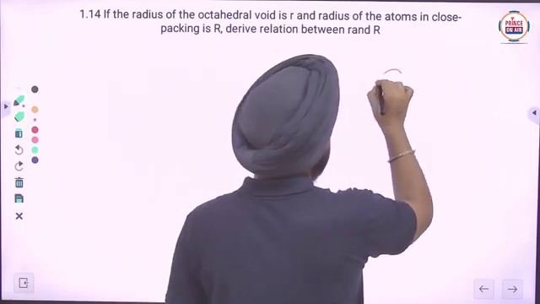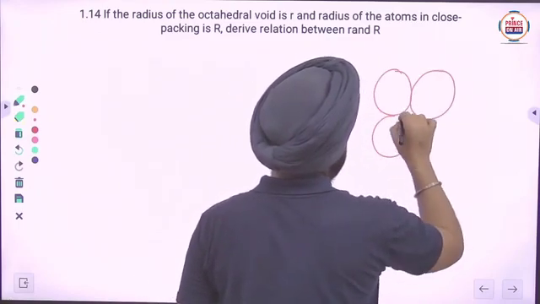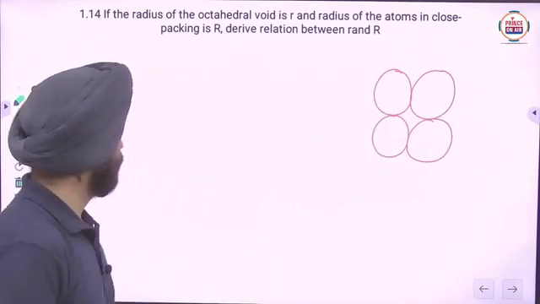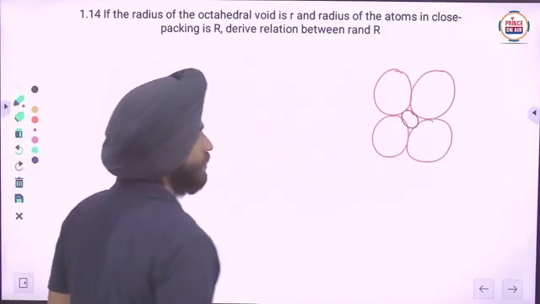Here we are having particles, and one small particle is here.